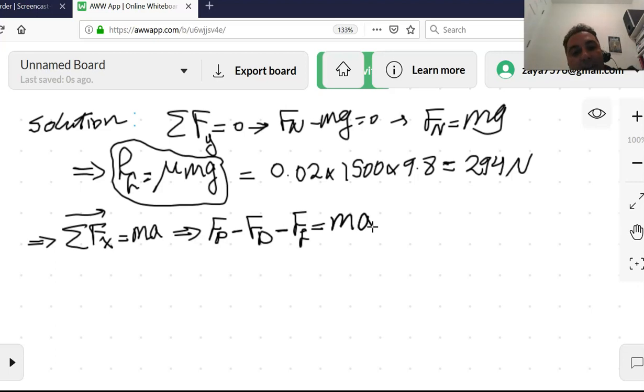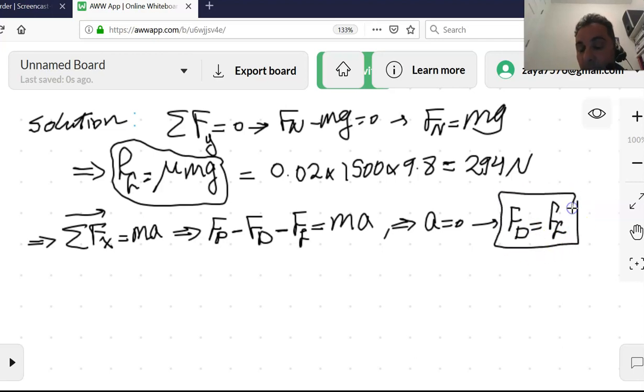Now the question says, at what speed does friction force become equal with drag force? For that reason, acceleration must be 0. That means your car must go with constant velocity. Therefore propulsion force becomes equal with 0. So Fd is equal with Ff.